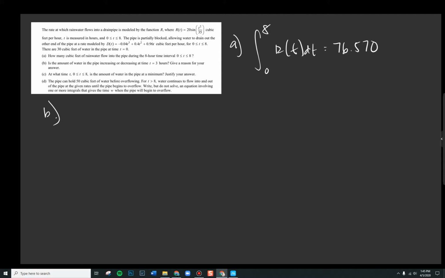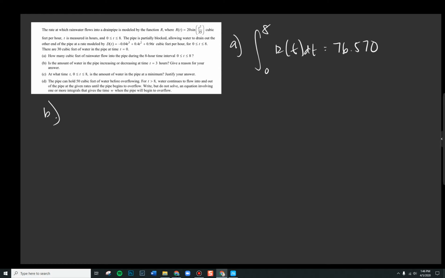And on the other hand, you have water coming out of that drain pipe modeled by D of t. We're trying to figure out if the water in the pipe is increasing or decreasing. So at 3 hours, if we have more water coming into the pipe versus going out, then obviously the water in the pipe is increasing. There's more water coming in versus water going out.